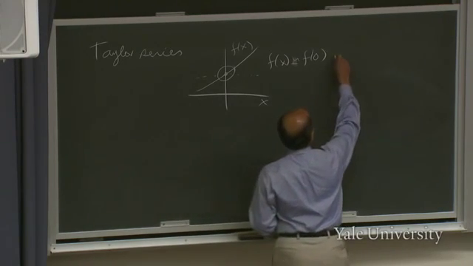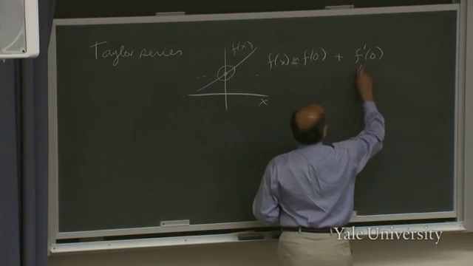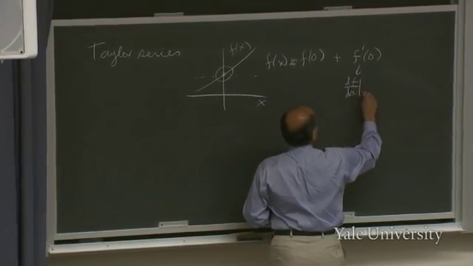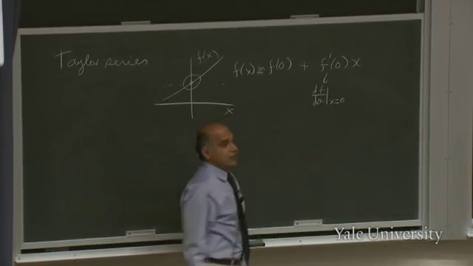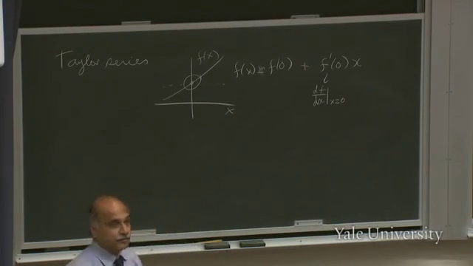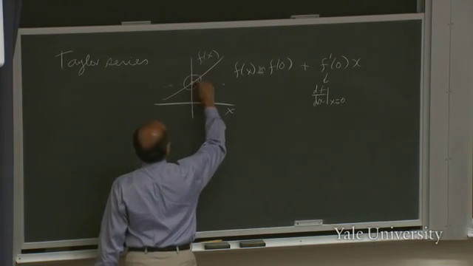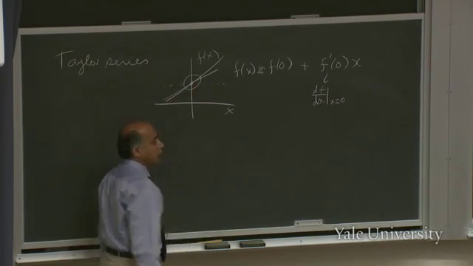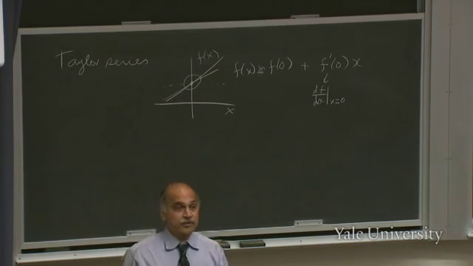And let's denote by this following symbol, f prime of 0 is the derivative, which is df dx at x equal to 0. And you'll multiply it by x, and that's your best bet for what the function is away from x equal to 0. What that does is to approximate the function by a straight line with the right intercept and the right slope. By right, I mean matches what you know about the exact function.